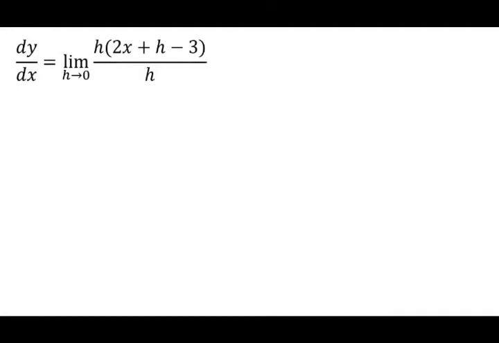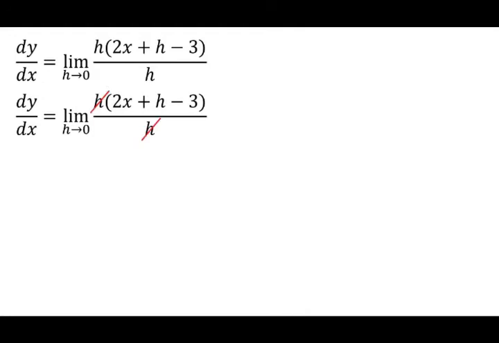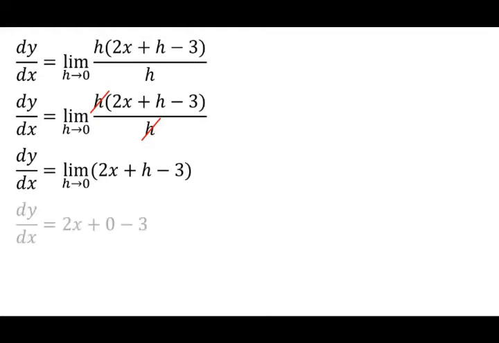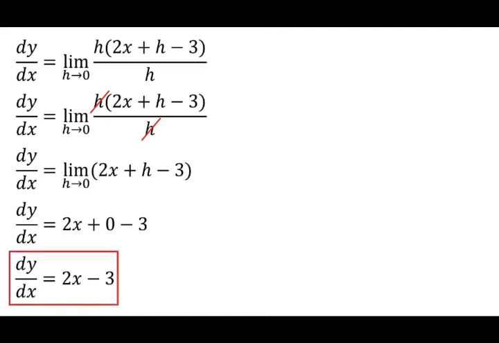So, pag pinactor out natin yan, that will become dy over dx equals the limit of h times 2x plus h minus 3 all over h as h approaches 0. So, pwede natin i-cancel yung h. So now, magiging ano na lang yan. The limit of, or dy over dx equal to the limit of 2x plus h minus 3 as h approaches 0. So after that, apply the limit. So change h to 0. Ayan. So the derivative is dy over dx equals 2x minus 3. So yan ang derivative nun, di ba?